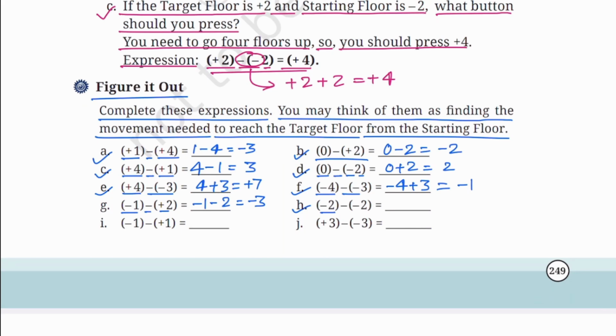H: minus 2 minus minus 2 is equal to minus 2 plus 2, which is equal to 0. I: minus 1 minus plus 1 is equal to minus 1 minus 1, which is equal to minus 2. J: plus 3 minus minus 3 is equal to 3 plus 3, which is equal to 6.